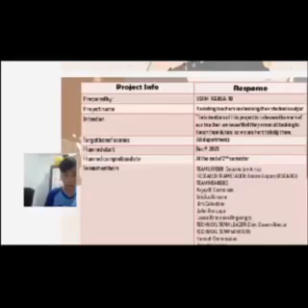Project authorization. Prepared by BSHM 1I and BSA 1D. Project name is Assisting Teacher in Checking Their Student Output. Intention. The intention of this project is to lessen the work of our teacher.